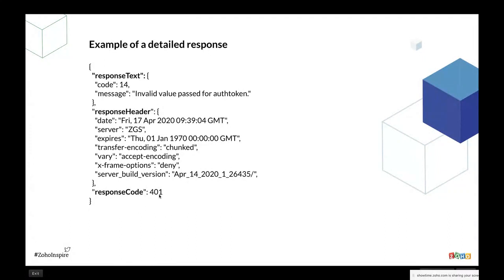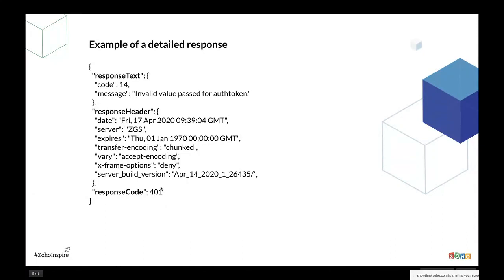The response code is an HTTP status code that tells you the status of the request you made. 401 in this case means access denied, because either you sent invalid authentication info or you didn't send it at all. So it gives you this status code. Successful requests will have status codes in the 200 range.